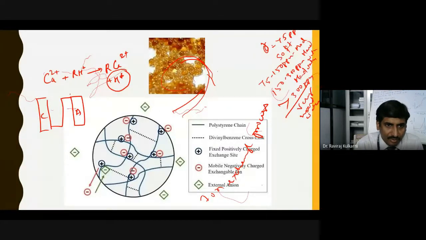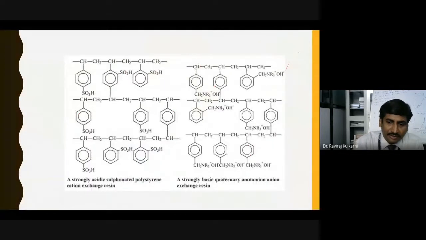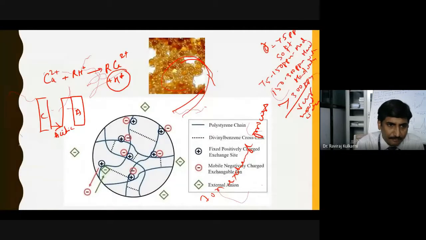Whatever water you get in the first chamber is acidic. When it comes here, the anion exchange resin exchanges the anions, sulfate ions or chloride ions, and the resin contains replaceable OH minus ions. Two OH minus ions are replaced by one sulfate ion.